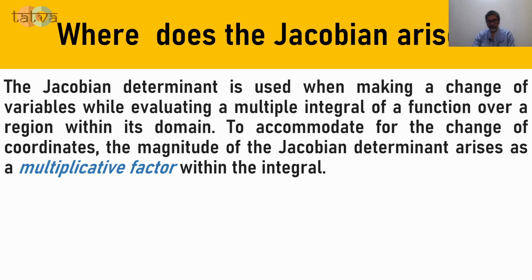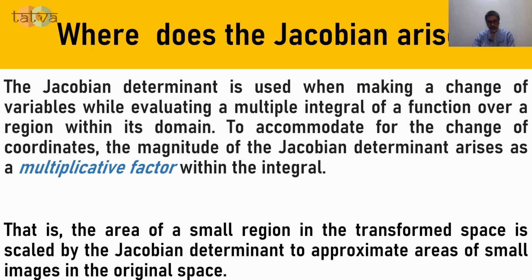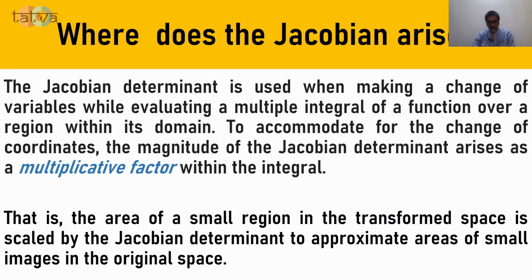To accommodate the change of coordinates, the magnitude of the Jacobian determinant is used as a multiplication factor within the integral. This needs a little bit of explanation, which we will get into. That is, the area of a small region in the transform space is scaled by the Jacobian determinant to approximate areas of small images in the original space.